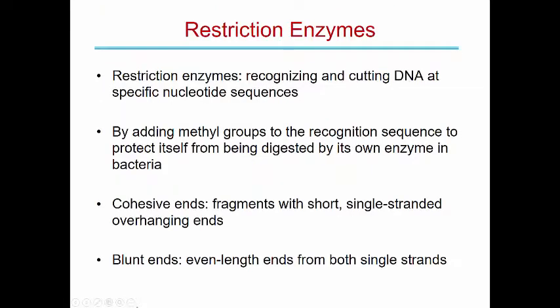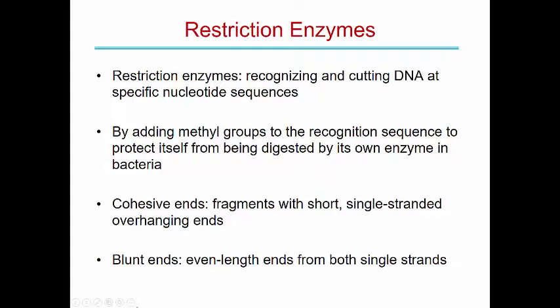Restriction enzymes are enzymes that have been in use for a pretty long time in genetics. They're able to recognize and cut DNA at a specific nucleotide sequence. Usually these sequences are around 4 to 6 base pairs long, and they're going to be cutting anywhere they see that sequence.